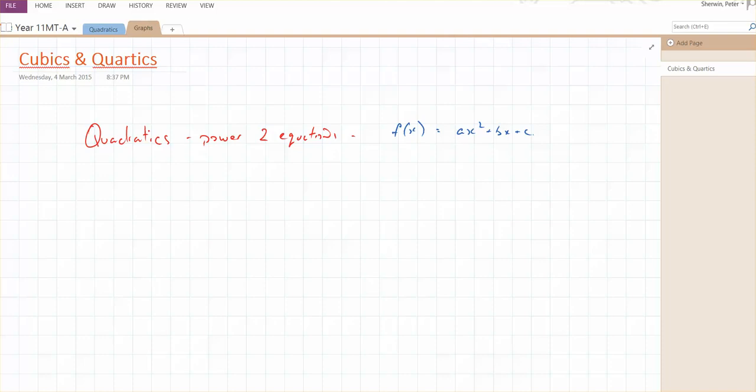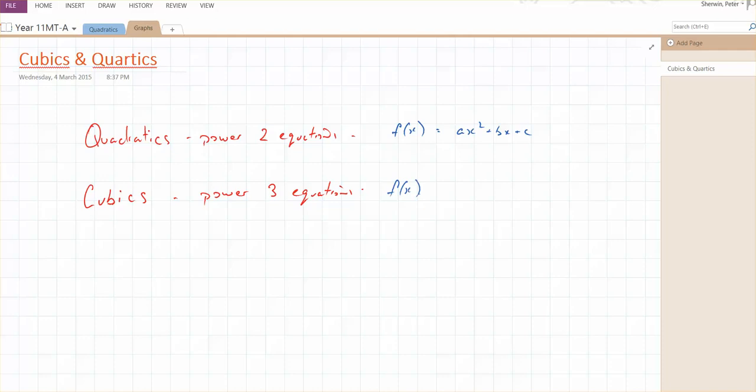We've done quadratics. We've spent a lot of time on them. We're pretty familiar with them, hopefully. We've done really well in the topic test we've just sat. Now cubics, if we can just stay on the same train of thought. These are power 3 equations, as you might have guessed, given that you will have seen cubic meters, x cubed, cube root of means 3.